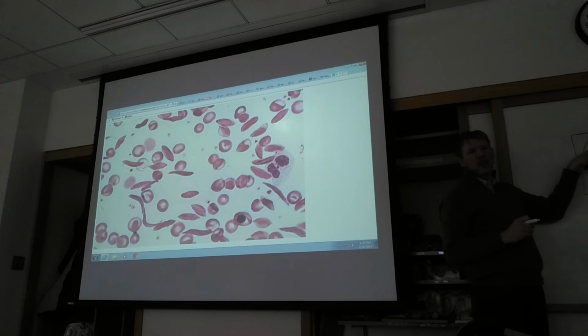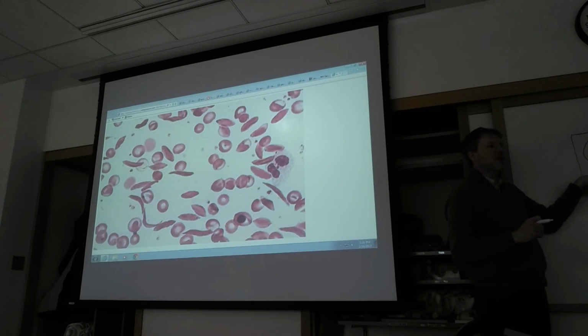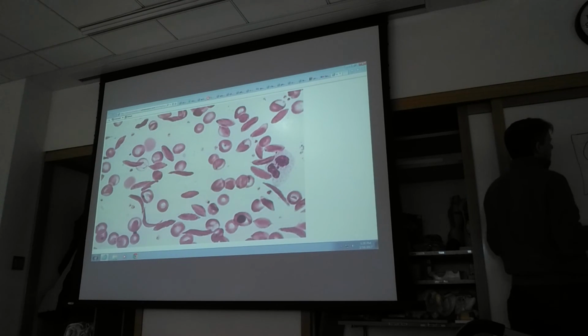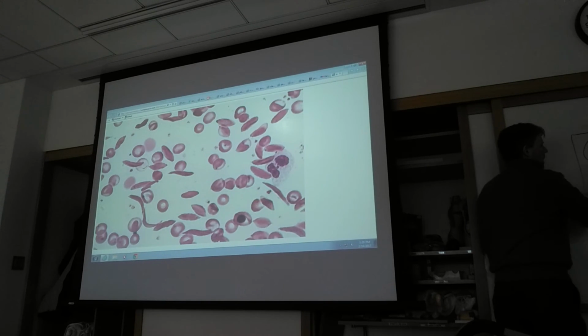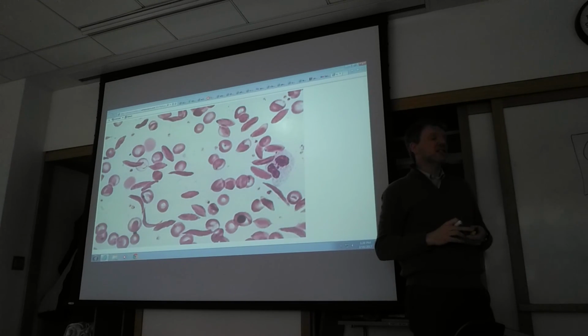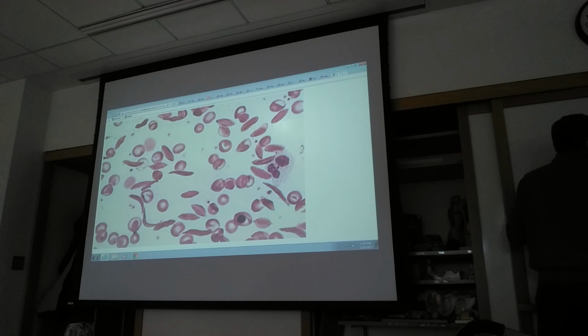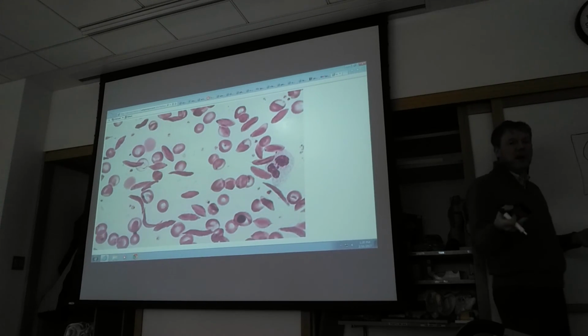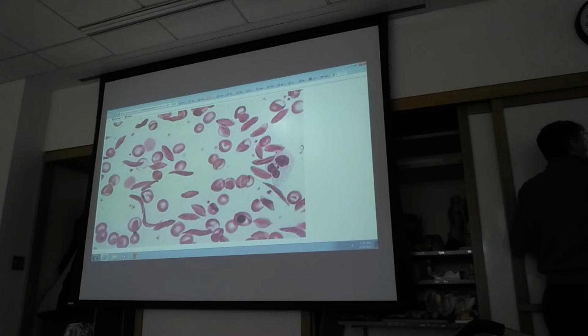You only see clumping in the A spot, not in the other two spots, so that's considered A negative. What do you suppose it would be if you saw this? That's A positive, okay? Or you could say A RH positive, however you want to say it.